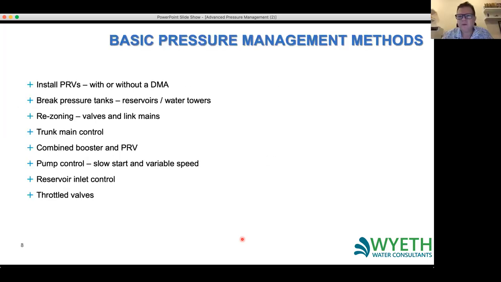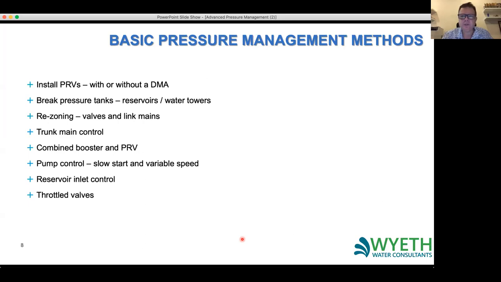So, doing pressure management is definitely an effective way of reducing your leakage volumes, and there are a number of different basic pressure management techniques that we can use. Pressure reducing valves seem to be one of the most common these days because a PRV is basically a mechanical device, doesn't need electronics or too much control.